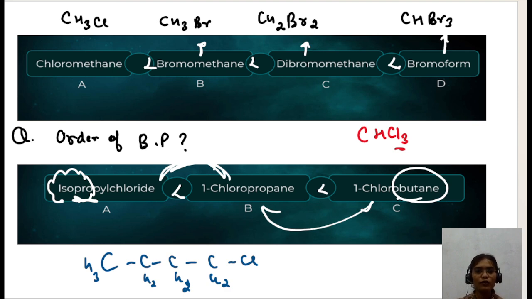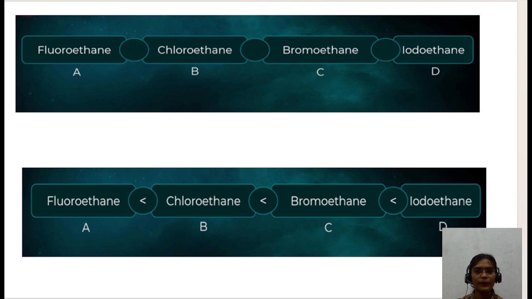Okay, let's see more questions. The third and fourth question. Same question, boiling point order. DCBA. Okay. Some students have a problem with this arrow sometimes, like maximum or minimum, which side.